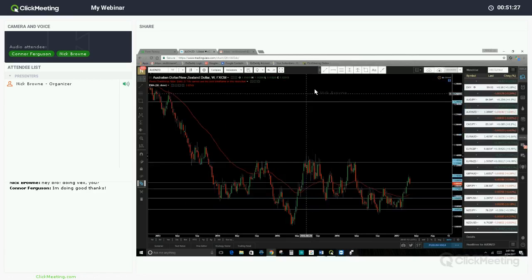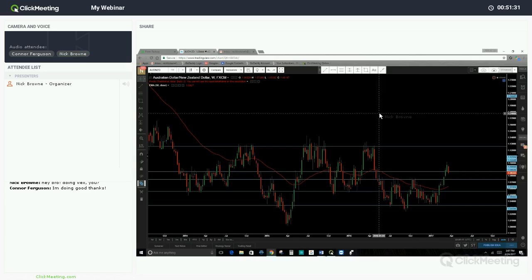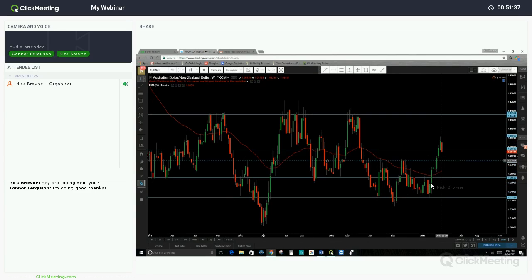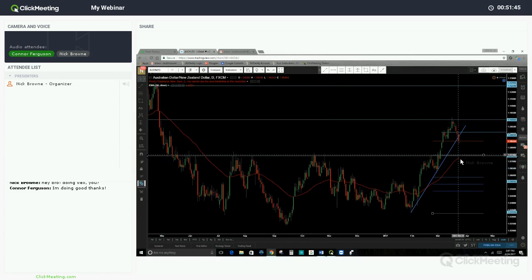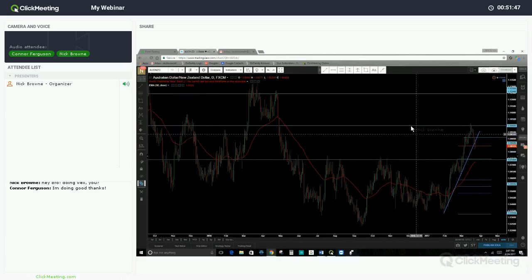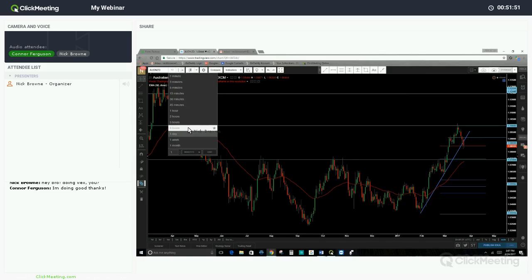Aussie Kiwi is kind of a tricky one just because I'm not quite sure how much further this is going to retrace, since it's been so bullish. I guess it could come down to this next level here. Actually, that does line up perfectly with the 50. That's sort of my next level of target as well.